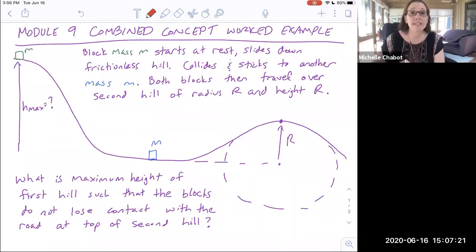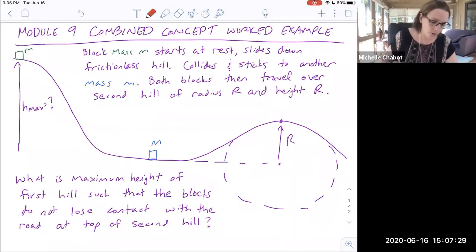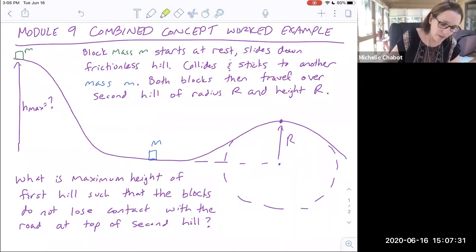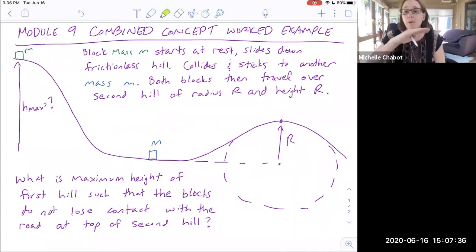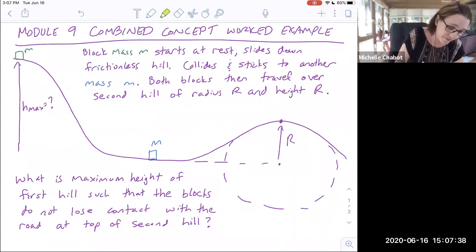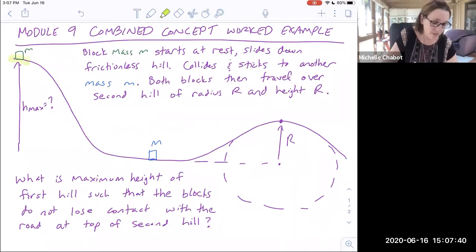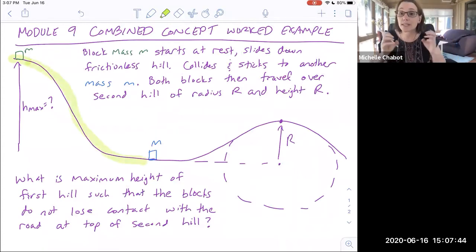Right, so in this example of a worked out combined concept, I'm going to work through this problem as I've shown. I start out with a mass M that's initially at the top of this hill, and then the mass is going to slide down the hill and collide with a second mass that's initially at rest at the bottom.